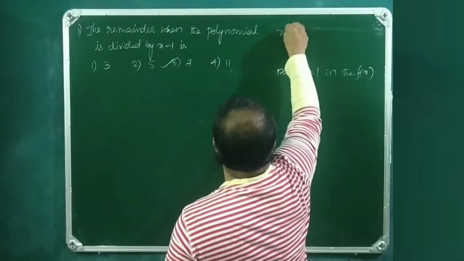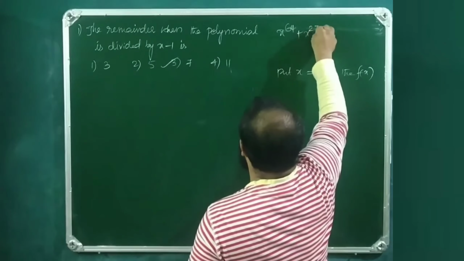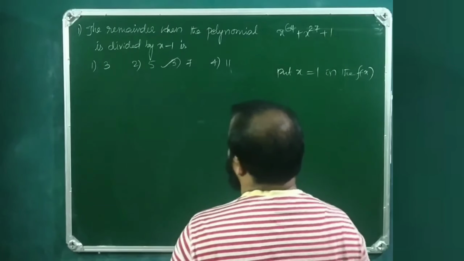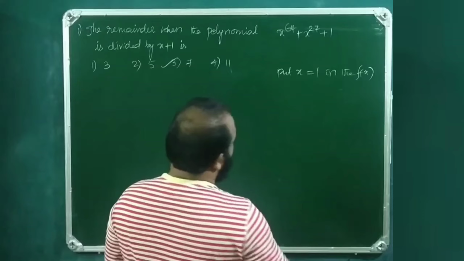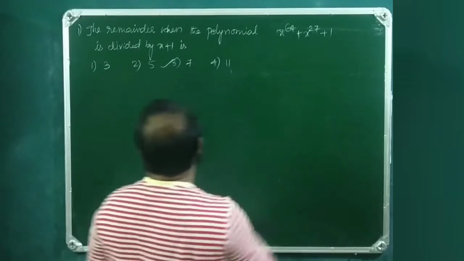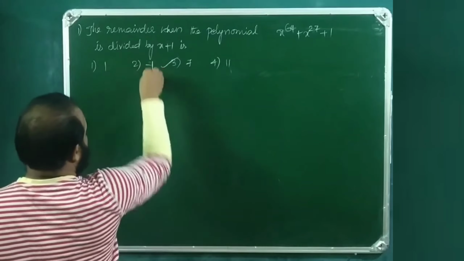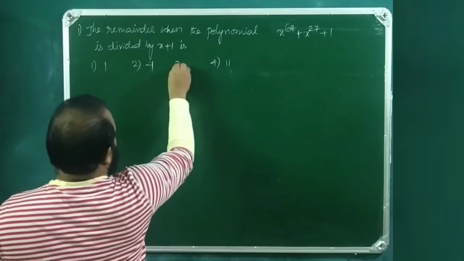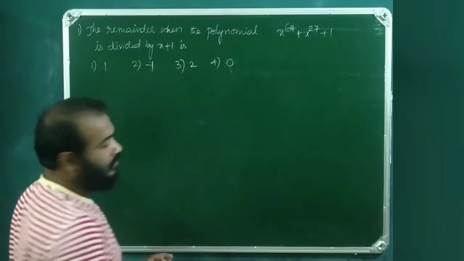x power 64 plus x power 27 plus 1 when it is divided by x plus 1 is. The options are 1, minus 1, 2, and 0.